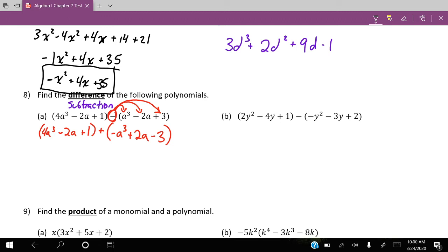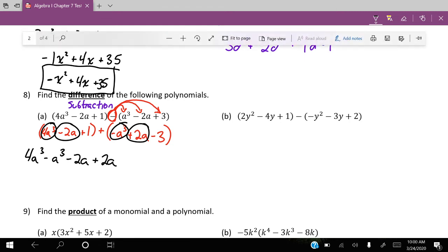That would be 4a to the third, and then the negative a to the third. And then I have minus 2a right here, plus 2a right here, and finally a plus 1 and a minus 3. All right, with that, I just need to combine like terms.